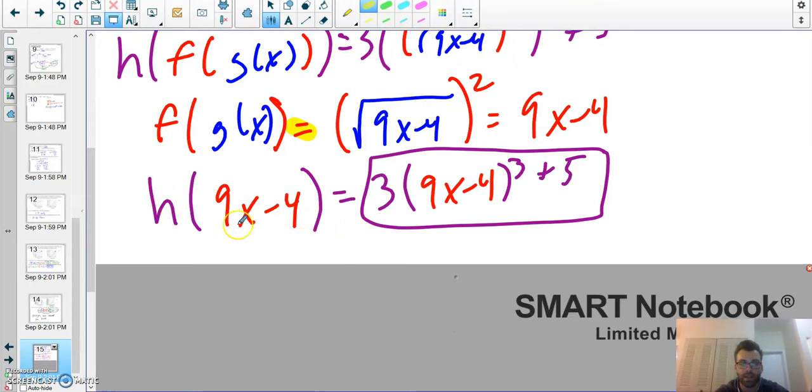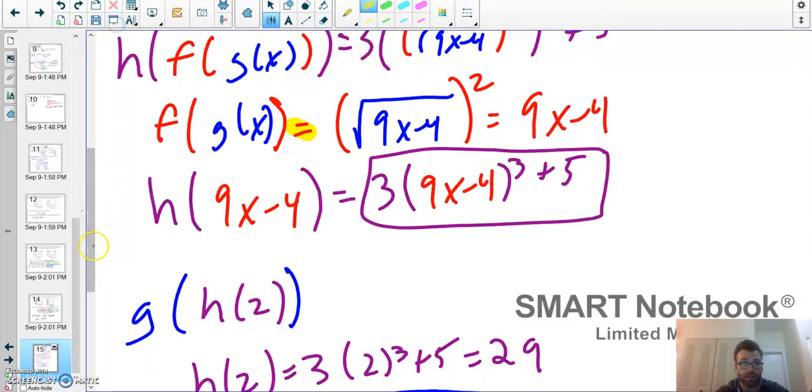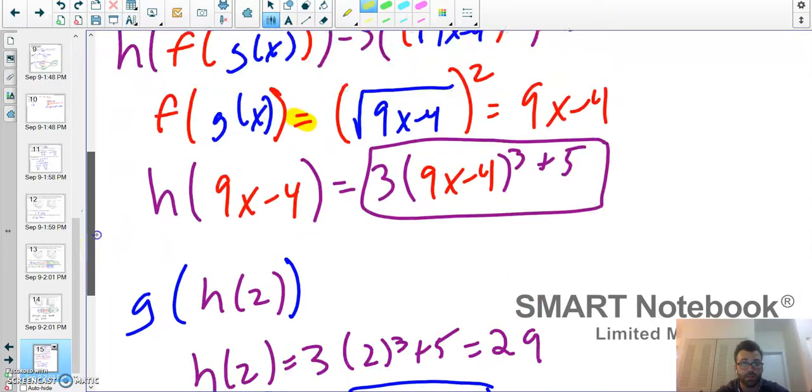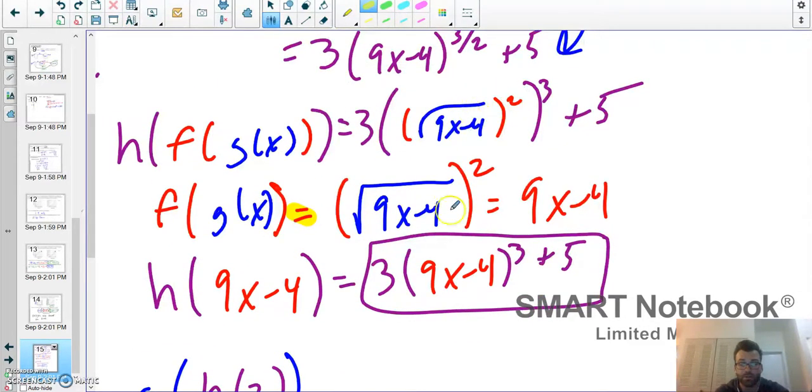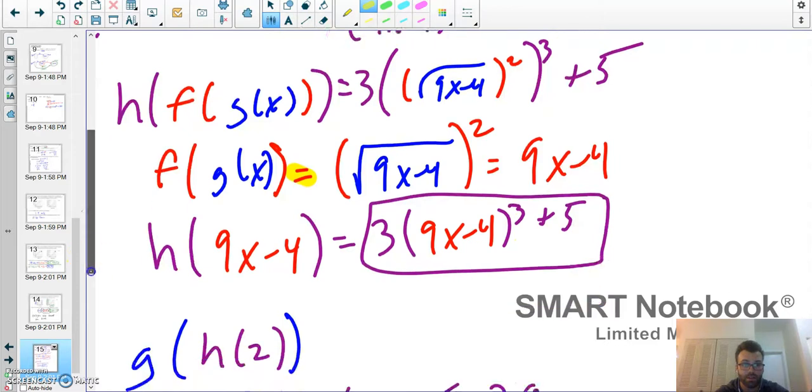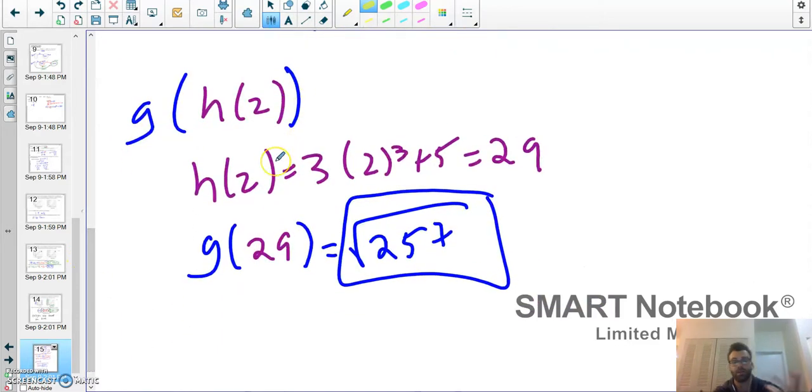That's h of 9x minus 4, which is 3 times the quantity 9x minus 4 cubed, plus 5. I like this way a little better, going step by step. It helps me visualize it. Either way is fine, and this should be your final answer.